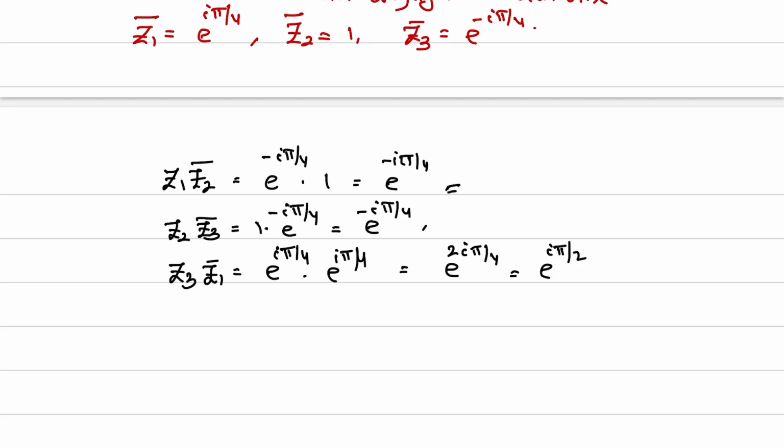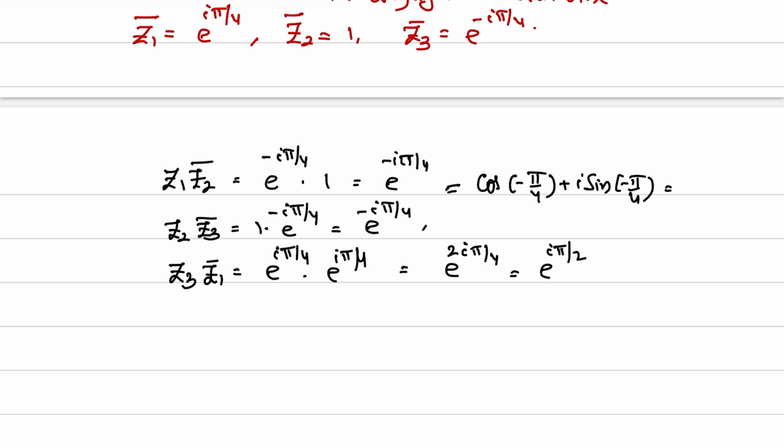What is e to the power of minus i pi by 4? It is cos of minus pi by 4 plus i into sin of minus pi by 4. Sin of minus theta is minus sin theta, and cos of minus theta is cos theta only.